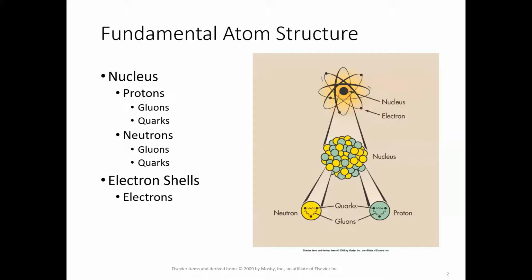They have the same but opposite electric charge, protons positive, electrons negative, but electrons don't have the same mass. The electron's mass is about 1/2000th of 1 atomic mass unit.